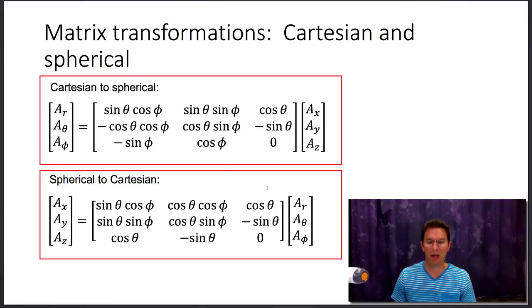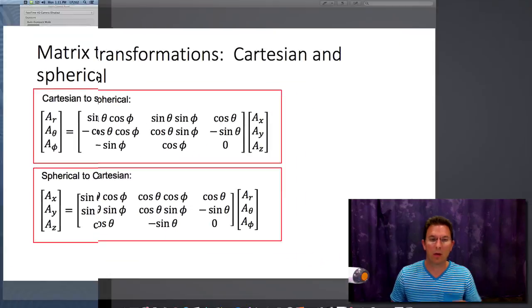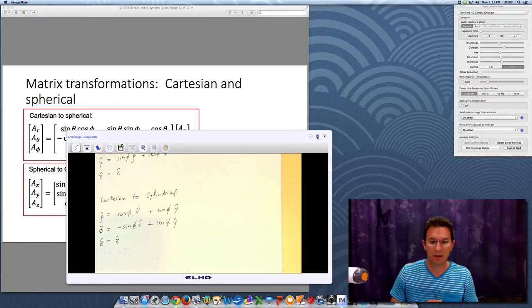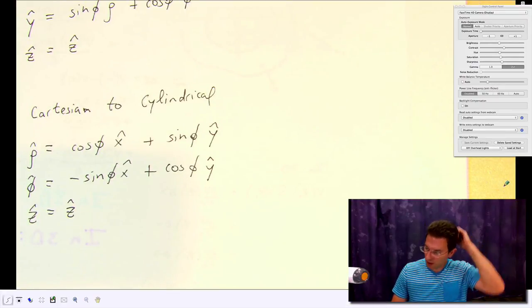If you begin in spherical coordinates and you want to end up in Cartesian coordinates, you take this matrix vector product. Okay, well, let's look at a few problems here going back to the Elmo. Let's have a look at some examples that will hopefully be helpful to us.